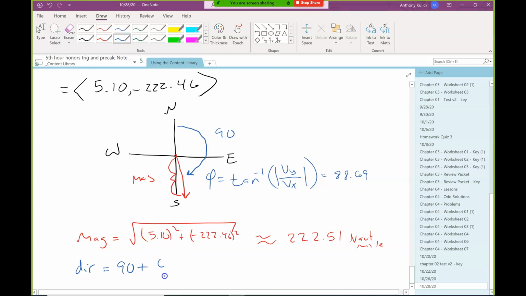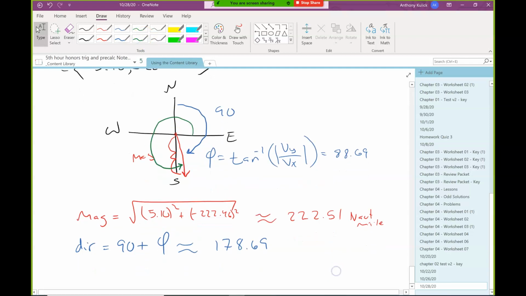Or if I wanted the angle of rotation, depending on what it asks for, that would be 90, 90, 90, and then 1.31.